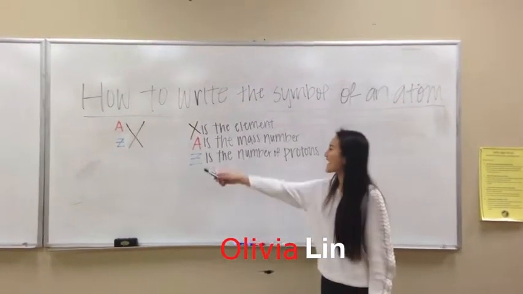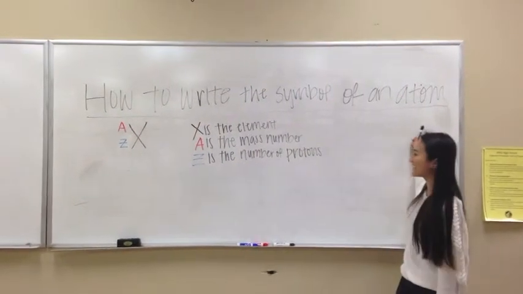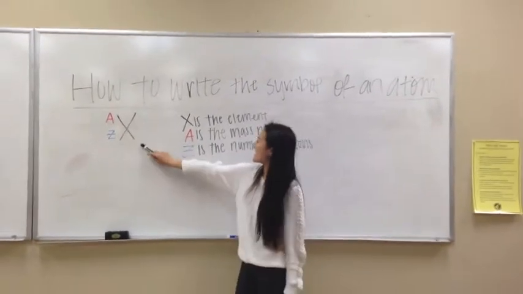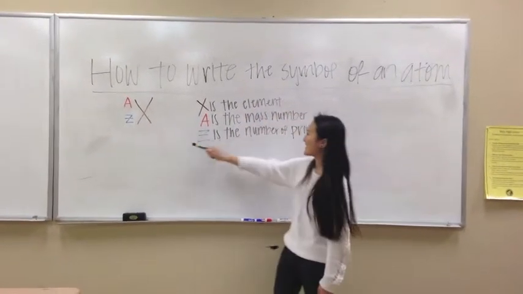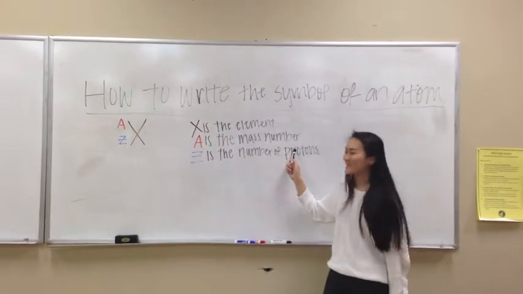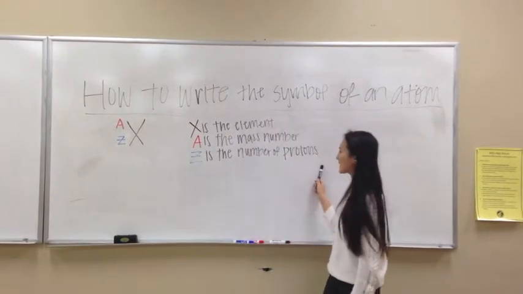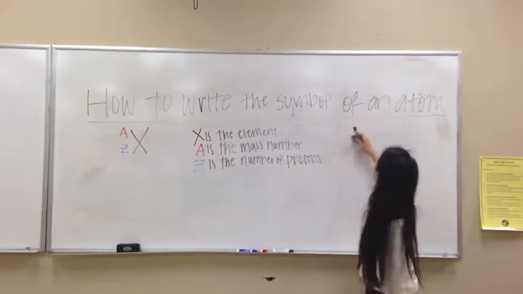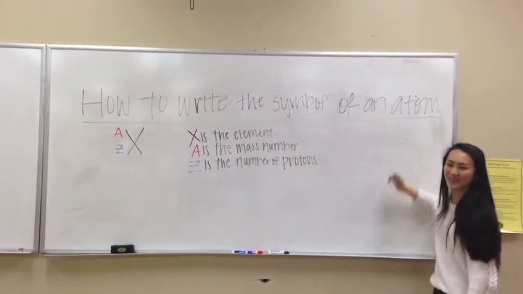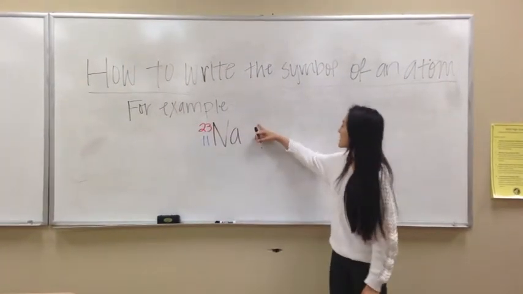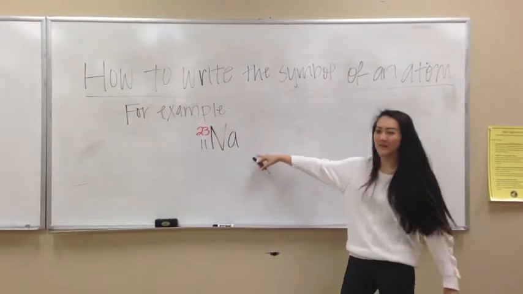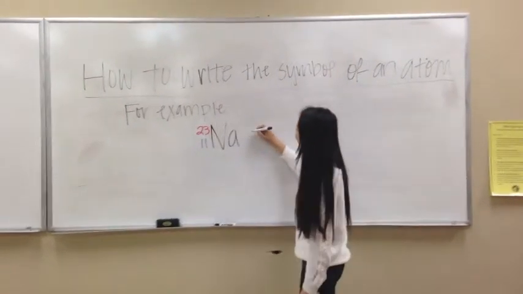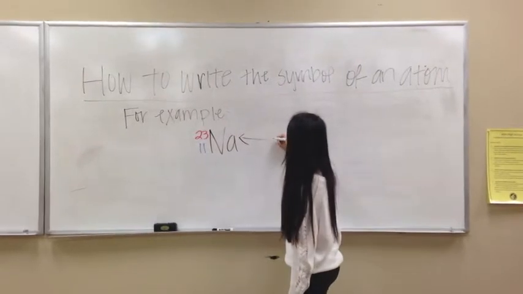Okay, so this is how to write the symbol of an atom. X is the element, and then A is the mass number, and Z is the number of protons. So, yeah, that's how you write the symbol of an atom. Okay, so, for example, this is how you write the symbol of sodium. Sodium is the element.